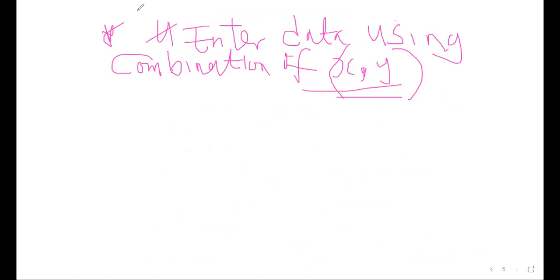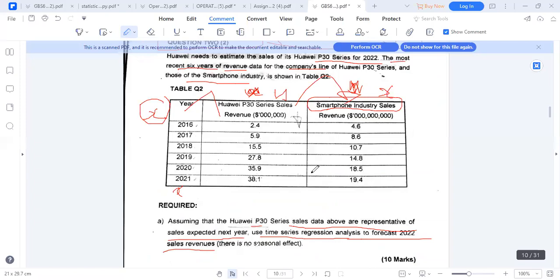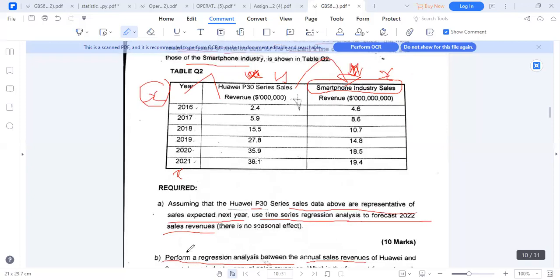Getting down to this problem, they're saying to assume the P30 series cells are representative of next year's sales, and use time series to find the forecast for 2022. So the year would be equal to X, and P30 cells will be equal to Y.